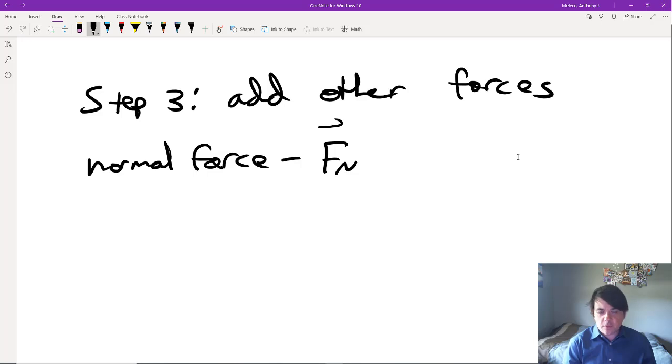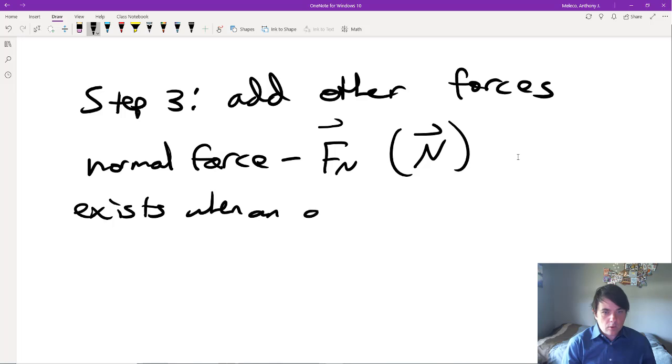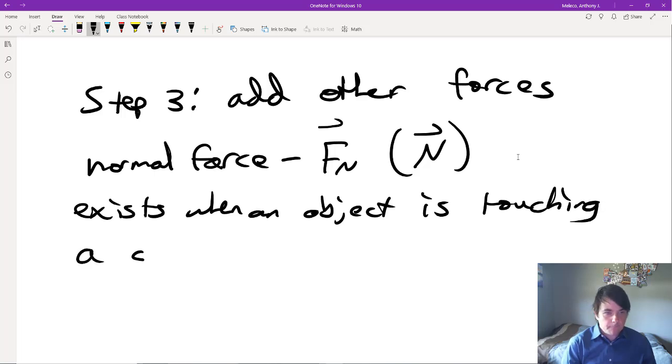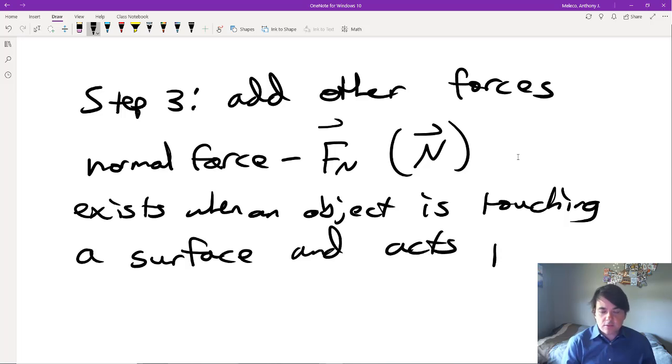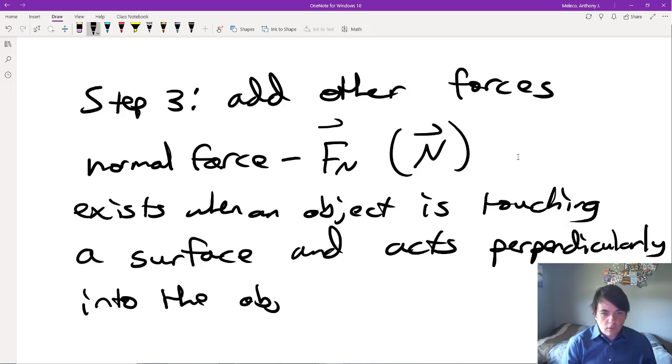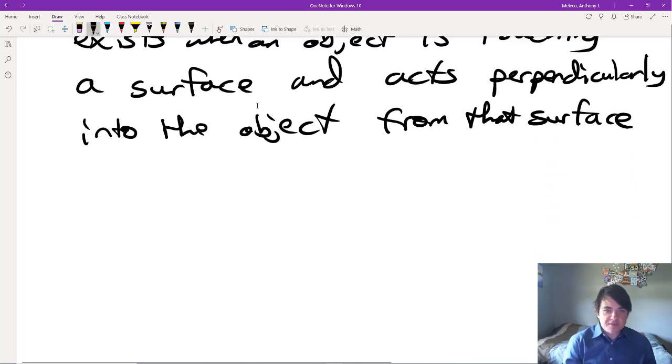This is abbreviated how I do it, Fn, but you may see N. And this exists when an object is touching a surface and acts perpendicularly into the object from that surface.